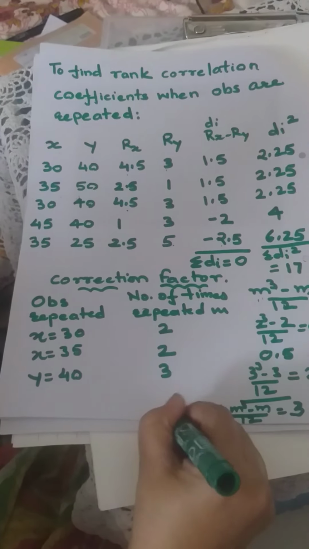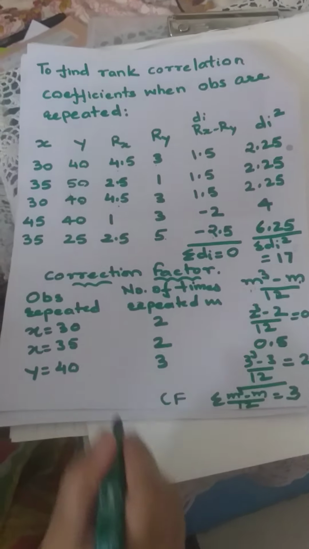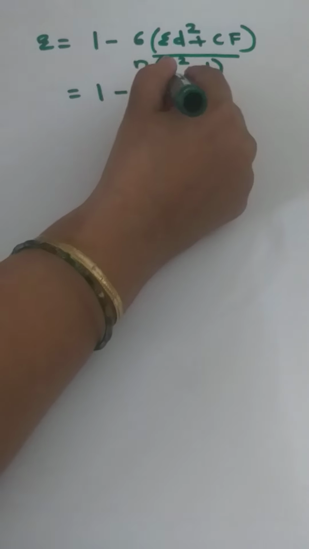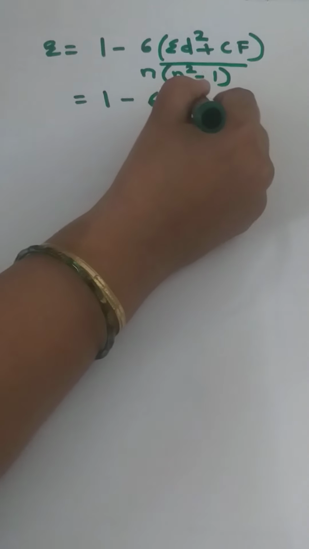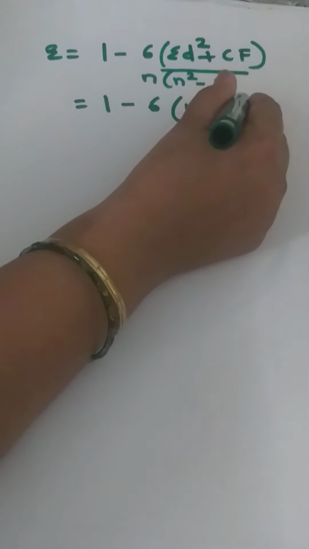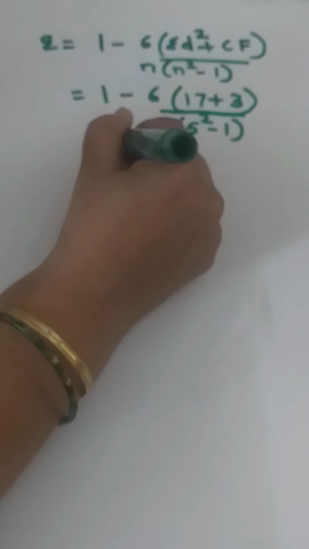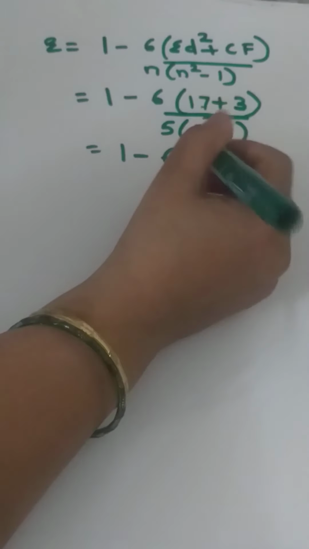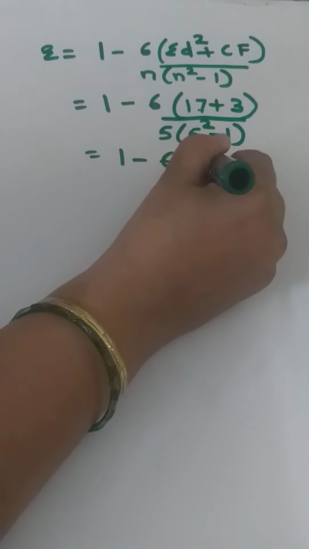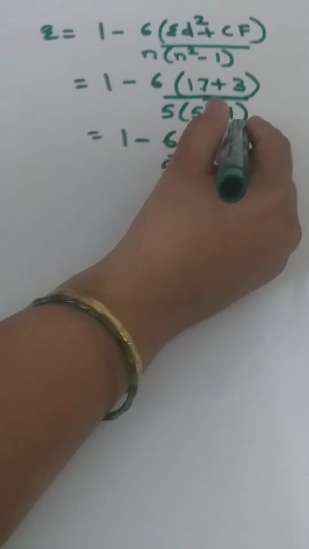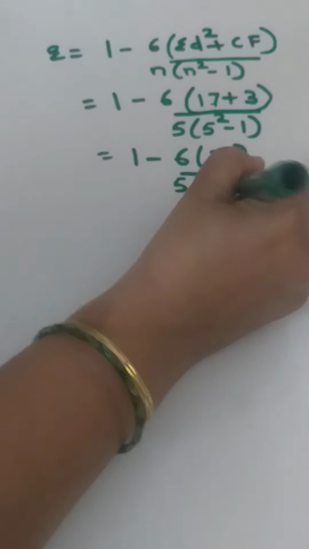This is our correction factor. So this value I substituted here. What I get is 1 minus 6 into 17 plus 3 upon 5 into 5 square minus 1. So it is 1 minus 6, 17 plus 3 is 20, 20 upon 5 into 5 square minus 1 is 25 minus 1, that comes out to be 24.